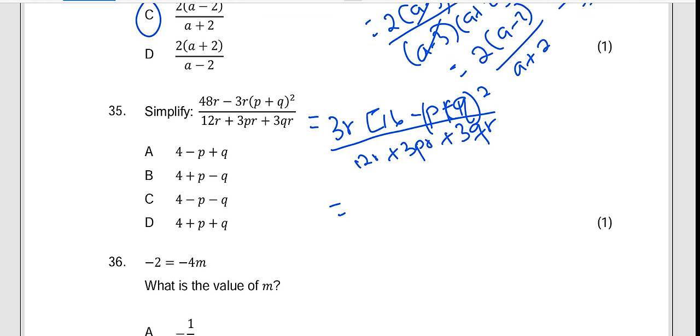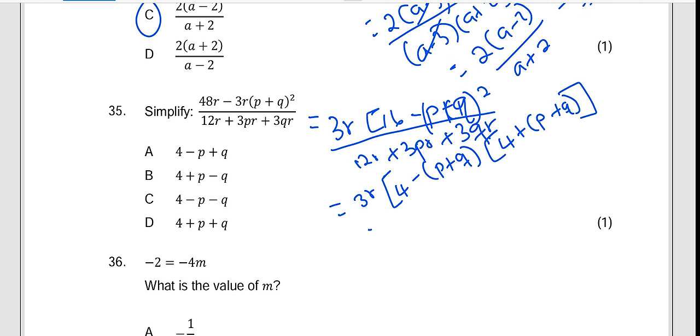Because we have an exponent here, I'm going to expand, so that it can be the same in the numerator. 3r, 4 plus p plus q, all divided by, and then I will take the common factor in the denominator, which is 3, or I'll be left with 4 plus p plus q. And this one will cancel.